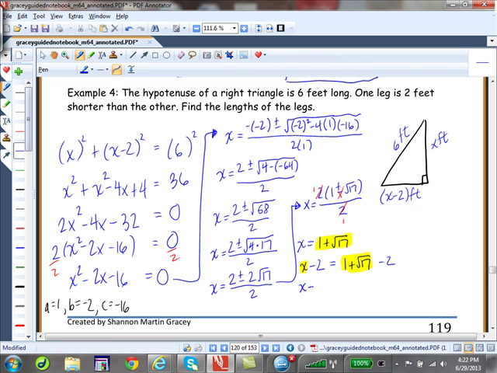So therefore that other leg, which is x minus 2, is going to be negative 1 plus root 17 when I do 1 minus 2. Now I did get approximations for these. So this guy is approximately 5.1 feet, and this is approximately 3.1 feet. Okay, but if I don't say to round or approximate, you need to give the exact, and then if you want to approximate after that, you can.